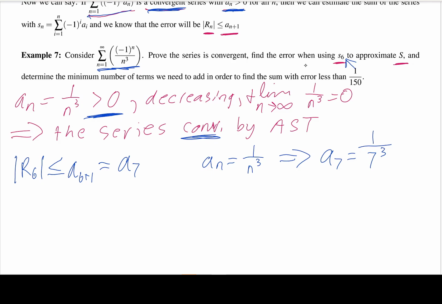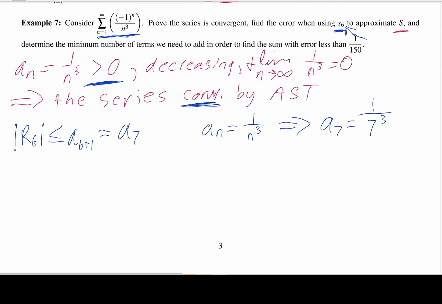Right, and so what this means is that our partial sum, s sub 6, this part right here, is either 1 over 7 cubed greater than the actual sum, or 1 over 7 cubed less than the actual sum. It could be in either one of those ranges.